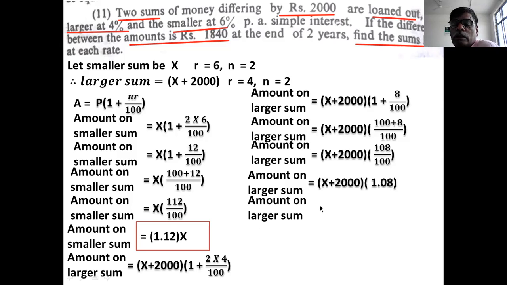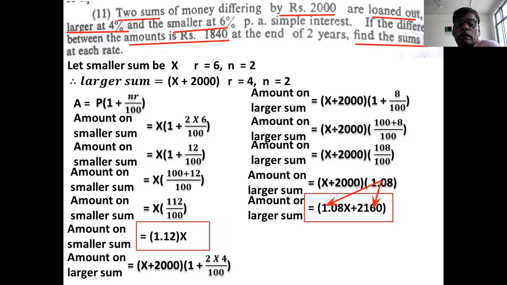So your answer is 1.08x plus 2160. First time you multiply with this x, and second time you multiply 1.08 into 2000. That is 2160. Okay, first, second.